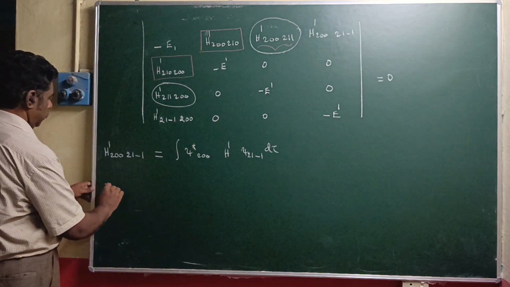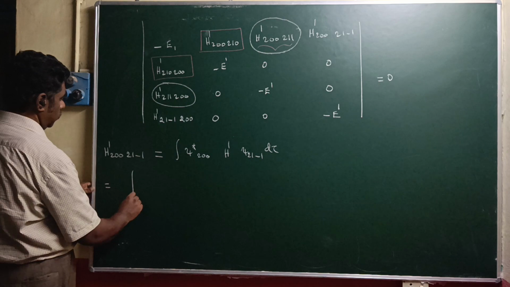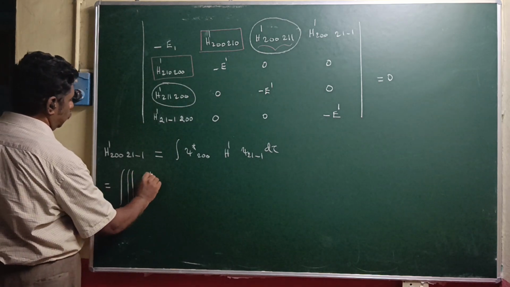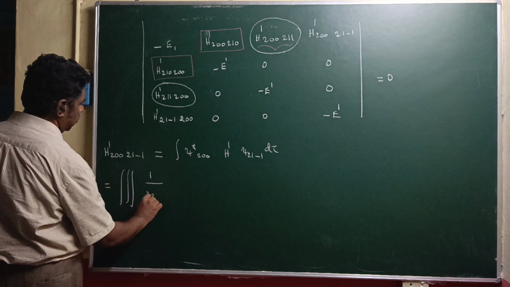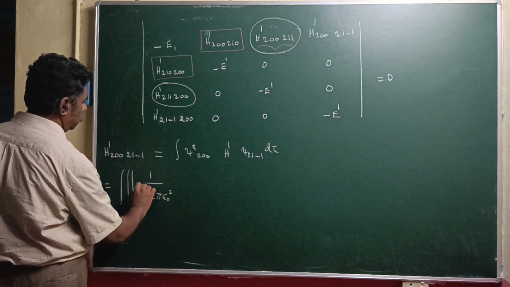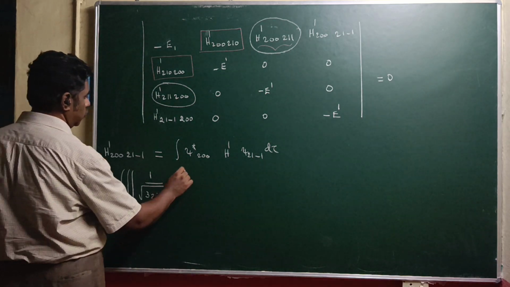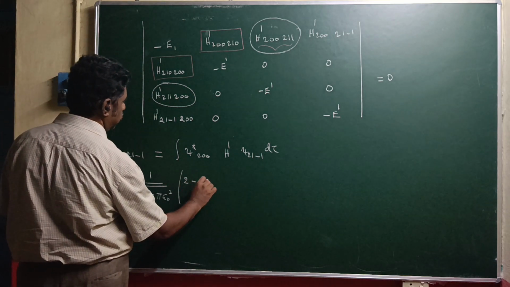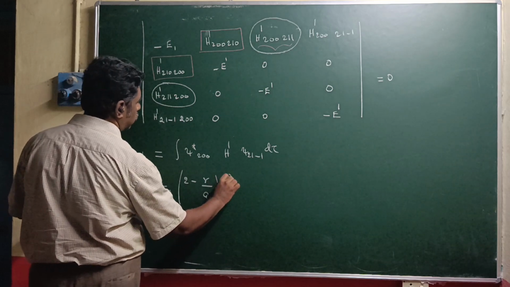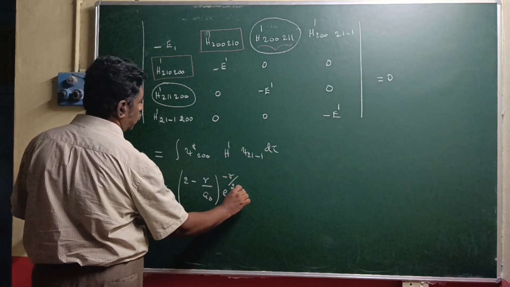This is equal to the triple integral of 1 divided by root of 32 pi a0 cube, (2 minus r by a0) e power minus r divided by 2a0.